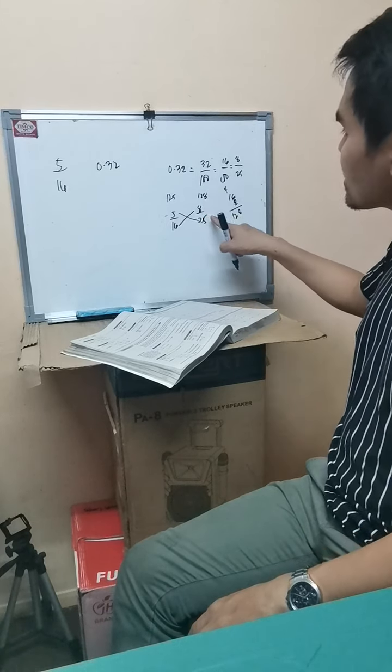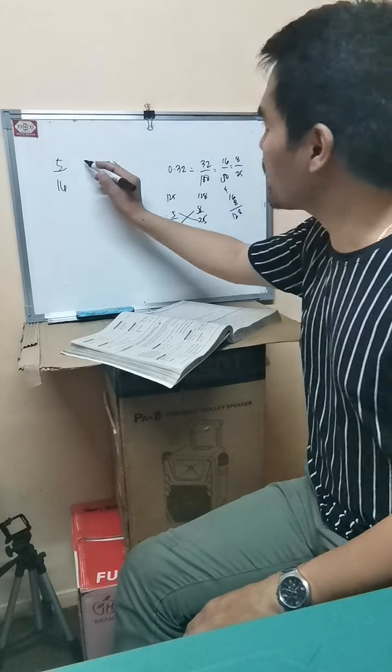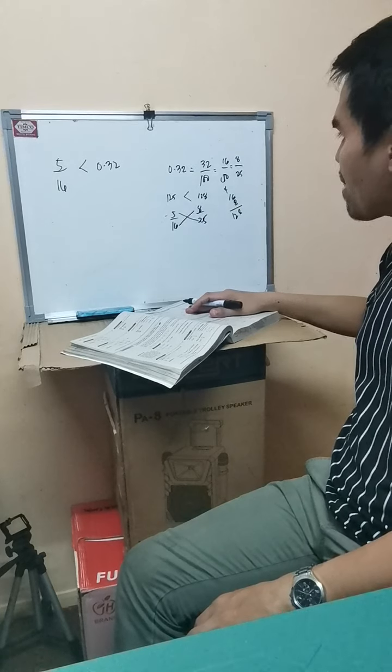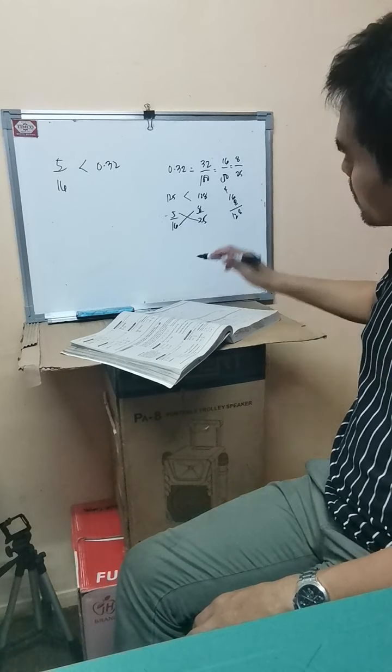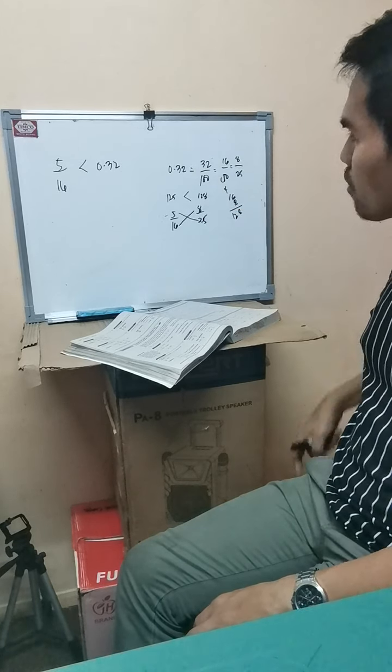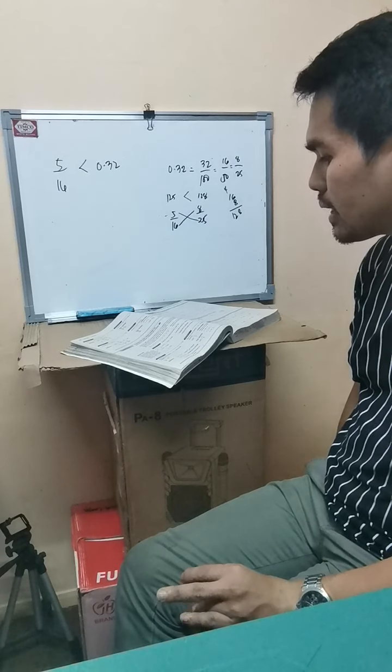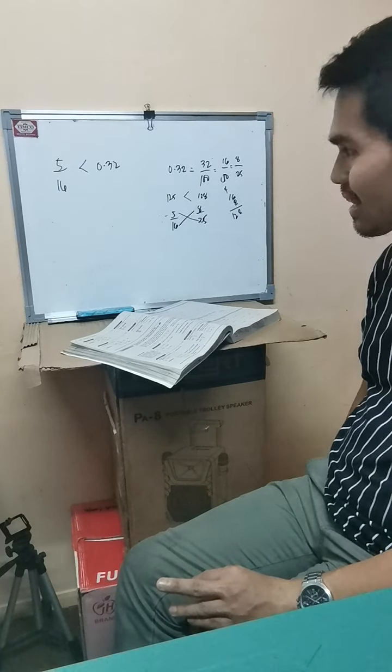So you notice this one is greater. In other words, since 125 is less than 128, which is in favor of 8/25, therefore 0.32 is greater than 5/16. Okay?